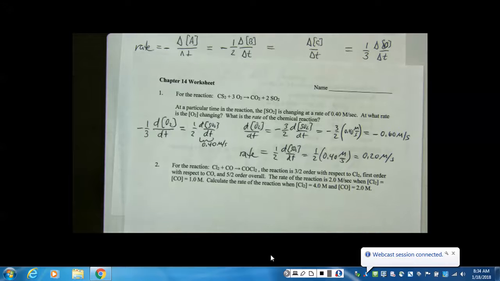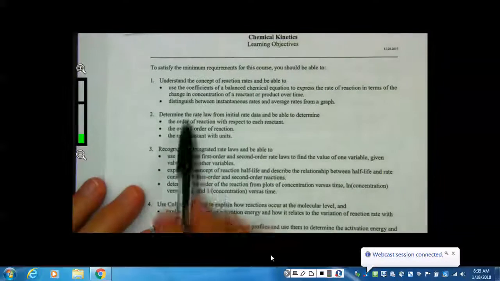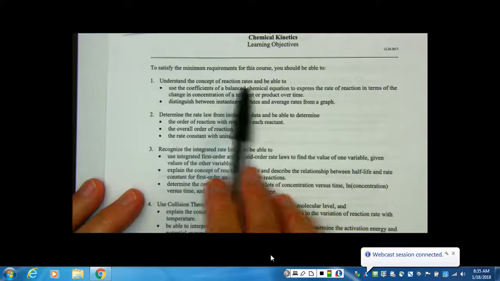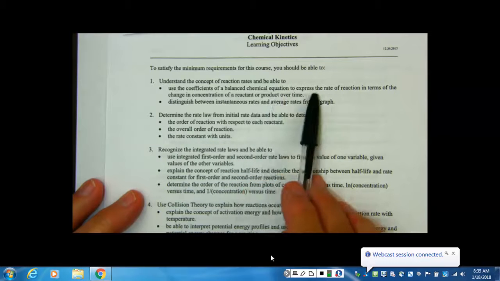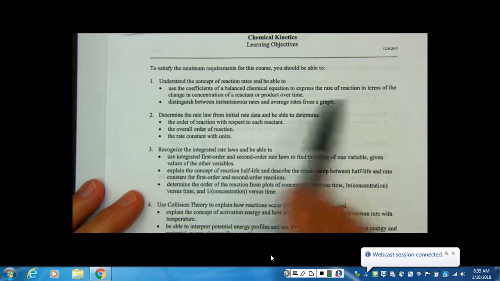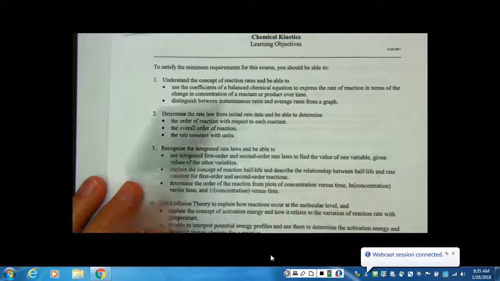Okay, now let's make sure we look at our learning objectives. Understand the concept of reaction rates. Use the coefficients of a balanced chemical reaction to express the rate of reaction in terms of the change in concentration of a reactant or product over time.